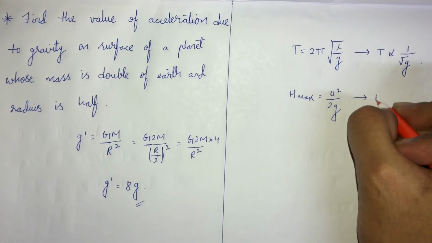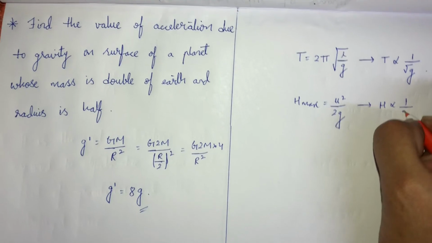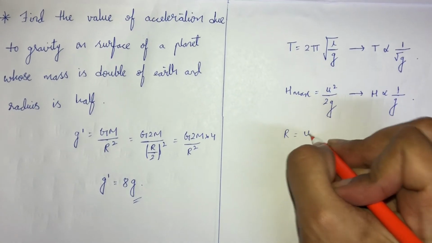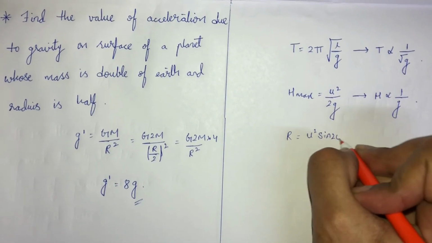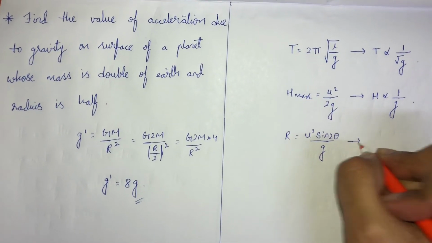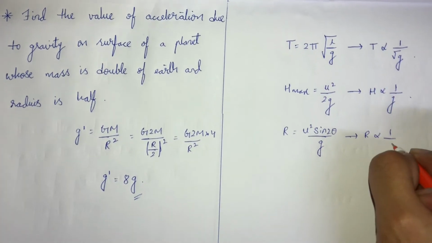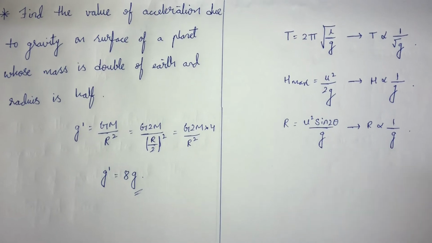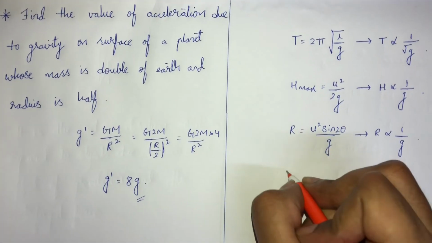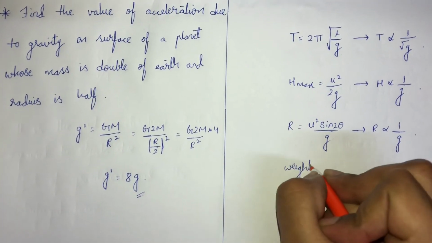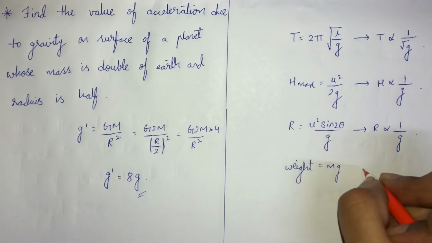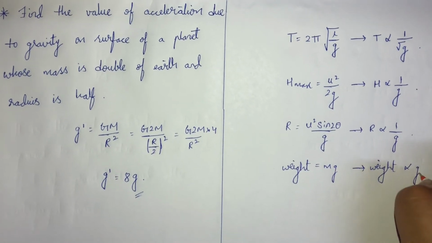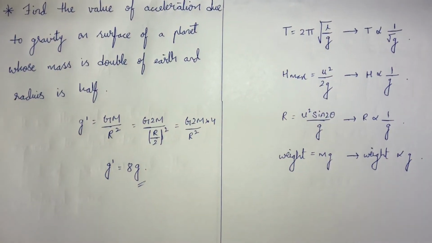Then h is inversely proportional to g. Then range will be equal to u square sine 2 theta by g. So range is inversely proportional to g. So maximum height and range both are inversely proportional to g. Moreover, weight is equal to mg, so weight is directly proportional to g. That's clear.